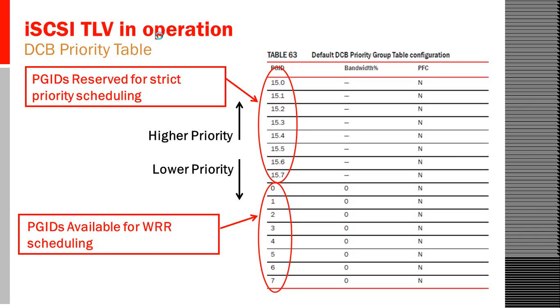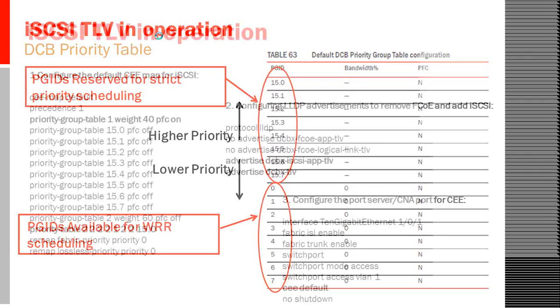What we've got down below here are PGIDs that are available for weighted round robin scheduling, and I can't see it because I've got challenges with my graph, but I know over on the right hand side on that table we've also got PFC, priority flow control, which has been talked about. By default that's not enabled, but we'll see how we actually enable that on one of the PGIDs for iSCSI. So hopefully that's some background we needed to understand that part.